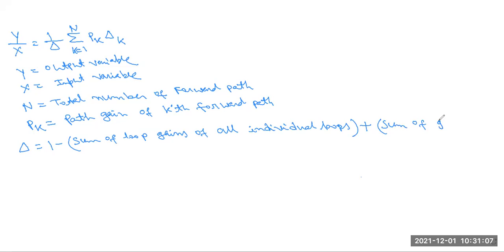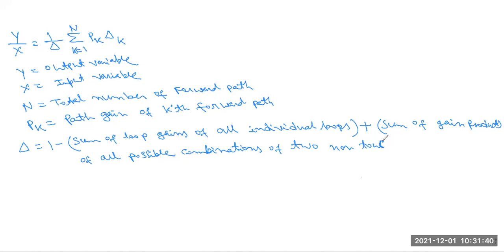sum of gain products of all possible combinations of two non-touching loops.